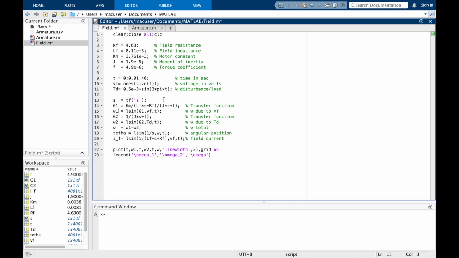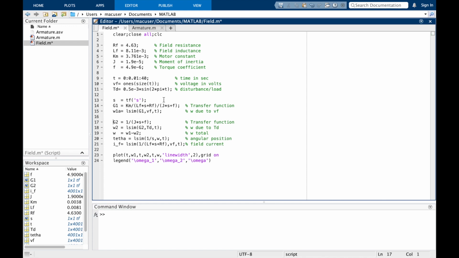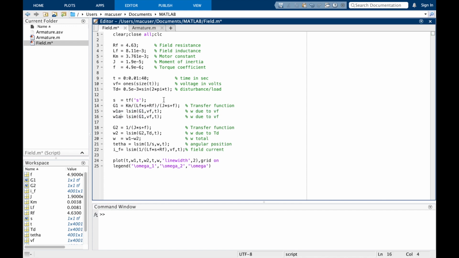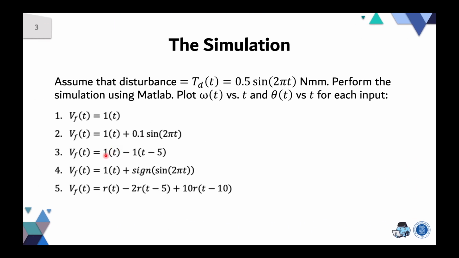I'm changing this to omega 1A, and then I want to find omega 1B. It produces omega 1A and omega 1B. I'm separating the simulation into two.